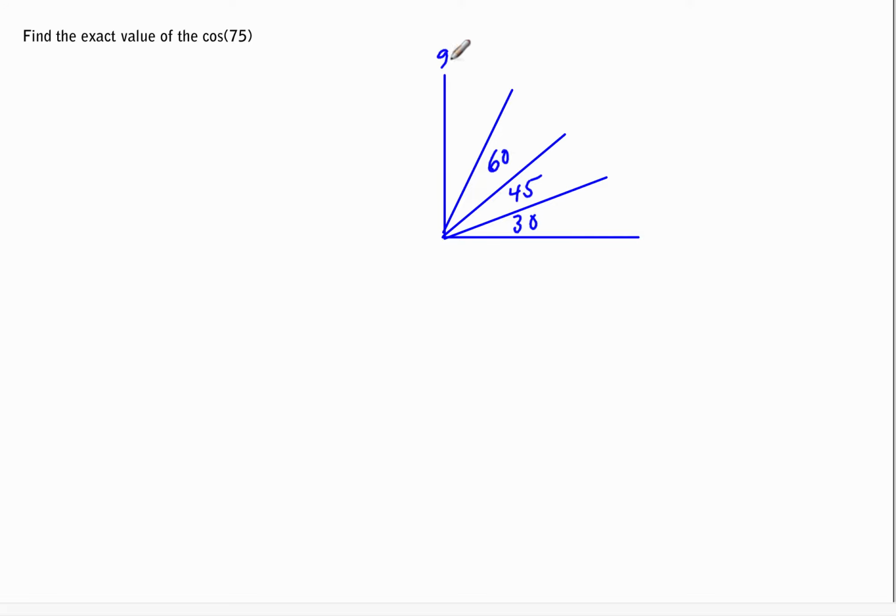And then we jump up to 90. We don't have 75, but we see that we can rewrite the cosine of 75 as the cosine of 45 plus 30.